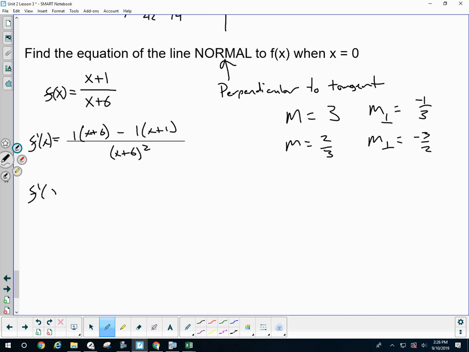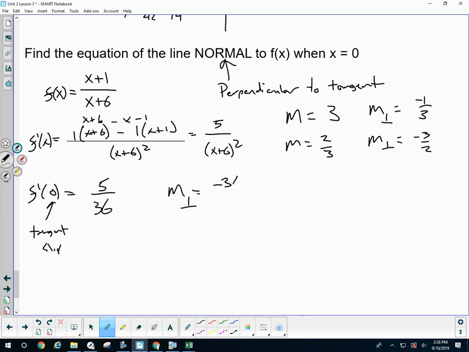My tangent slope at 0, this is my tangent slope, is 6 minus x minus 1. So this is just 5 over x plus 6 squared. That's nice. My tangent slope at 0 is 5 over 36. That means my normal slope is negative 36/5.